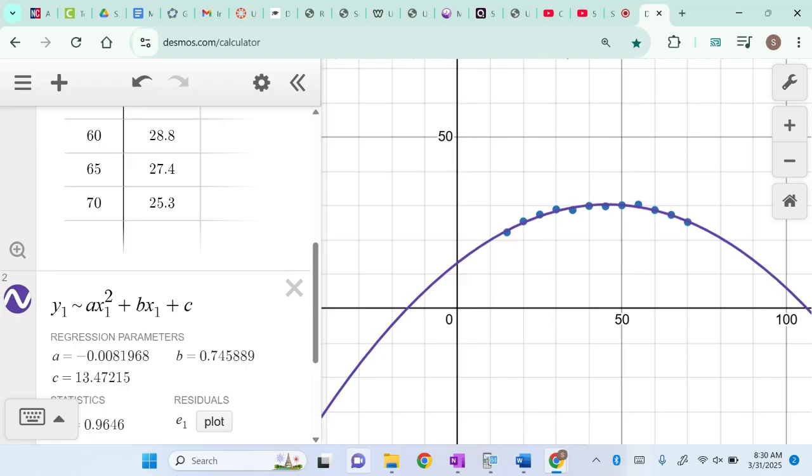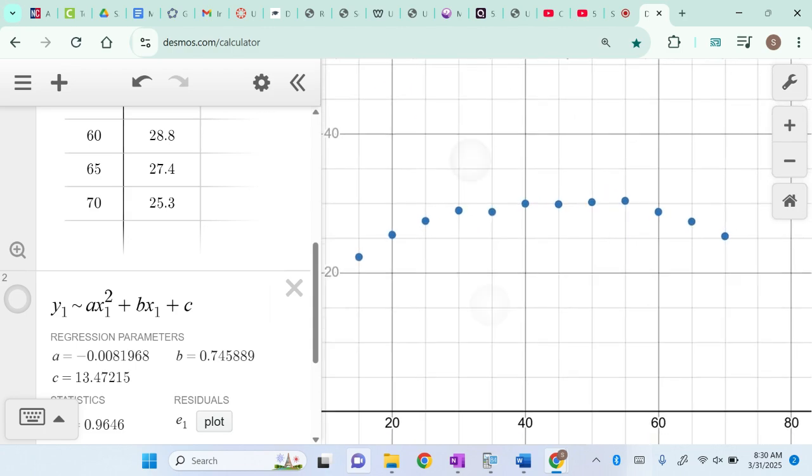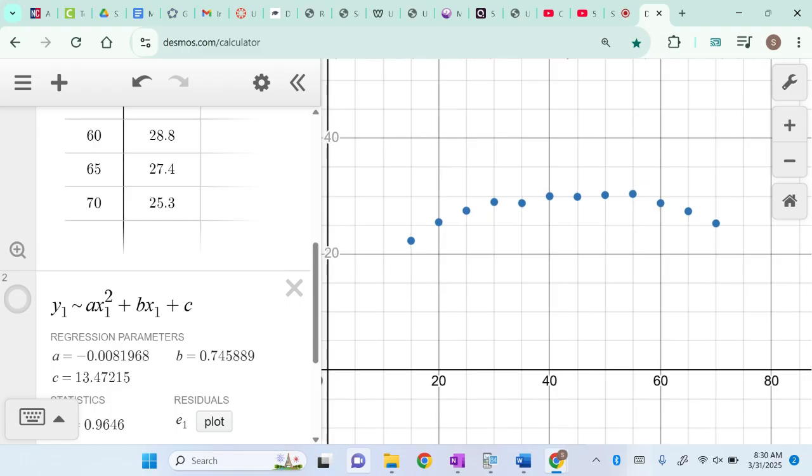So I got my line of best fit, but I also got my points. If I remove the line of best fit, why do you think this is called a scatter plot instead of just strictly the points of a parabola? What does it look like to you? Why are these points not quite a parabola?